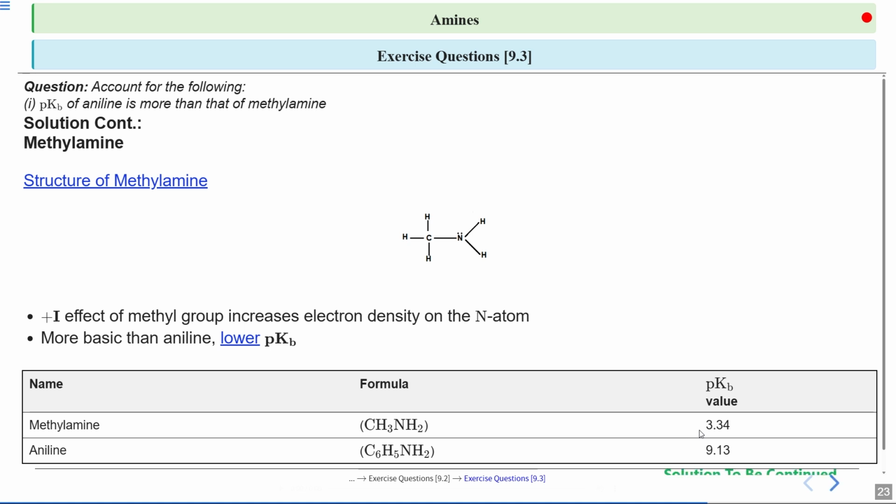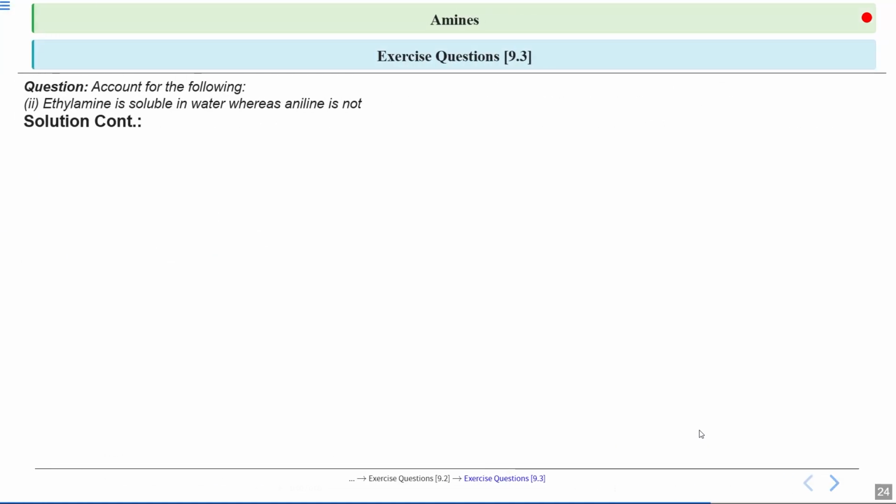Now let's move further. Now we will see the second part, which is ethylamine is soluble in water, whereas aniline is not. Ethylamine forms intermolecular hydrogen bonding with water. The substance forms hydrogen bonds with water, which affects its solubility and interactions in the aqueous solution.